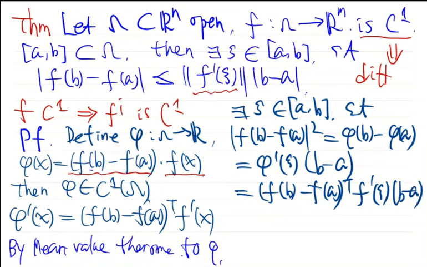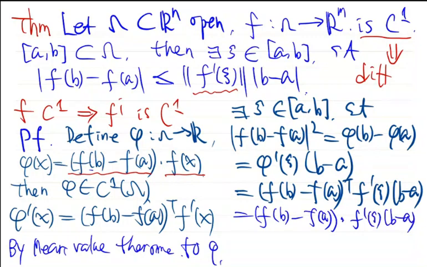And of course, this is the inner product of fb minus fa with f prime Xi b minus a.